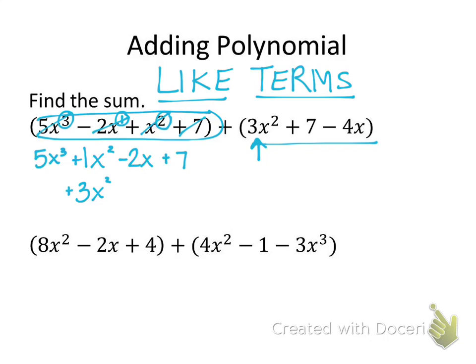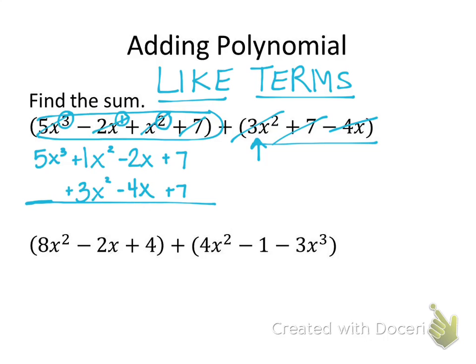What does 7 need to be lined up with? The 7, because it's just a plain number. It does not have any variables at all. And lastly, what does negative 4x need to be lined up with? Negative 2x. Now, look right here. I don't have anything underneath the 5x to the third power.